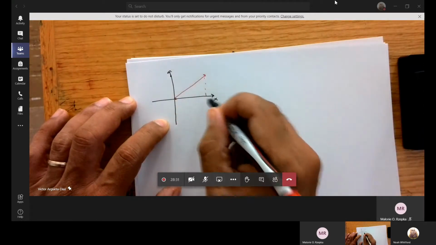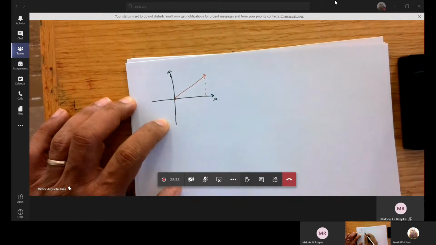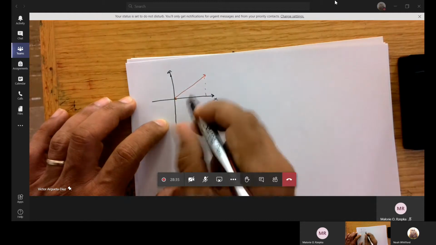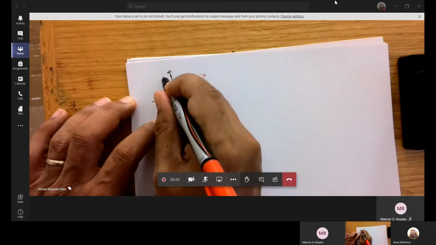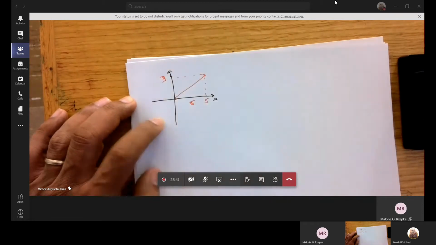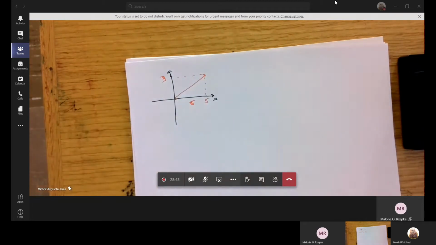And this is going to be 5, and this is going to be 3. So it's exactly the same vector, same x component, same y component. The only thing that I did is that I moved the vector from whatever it was to the origin.